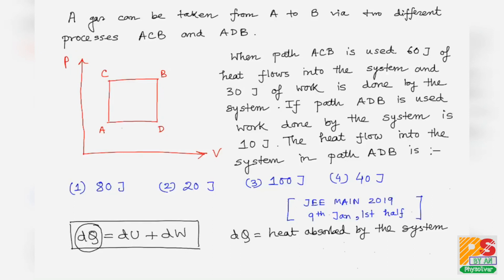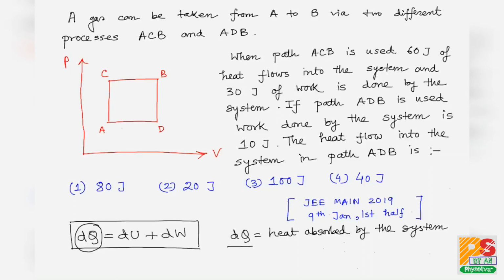Now if the heat is extracted from the system, then in this formula dq will be negative. Remember this very carefully. If heat is absorbed by the system or heat is given to the system, I will put dq as positive, and if heat is taken out of the system, I will put dq as negative.